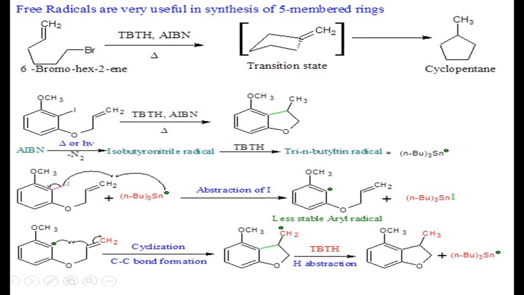There is formation of cyclopentane, not cyclohexane. In the previous lecture we studied that 5-membered rings are prepared through a free radical mechanism in good yield, and 6-membered rings are synthesized by the Diels-Alder reaction. Note this point in your notebook. We have already studied the mechanism of the first reaction.